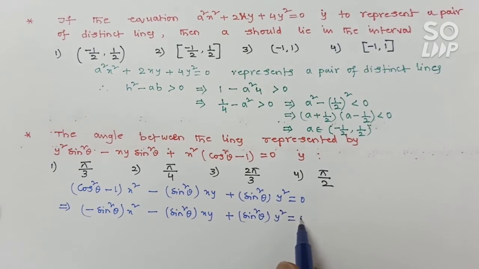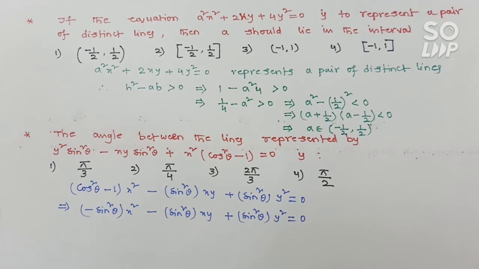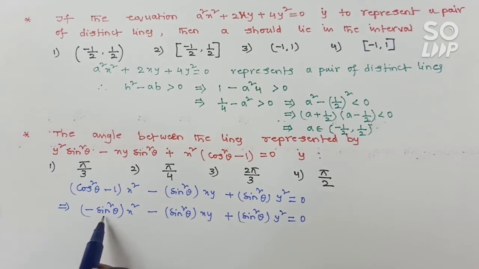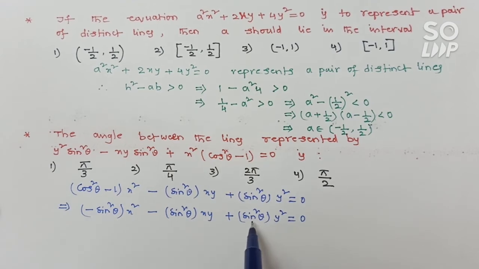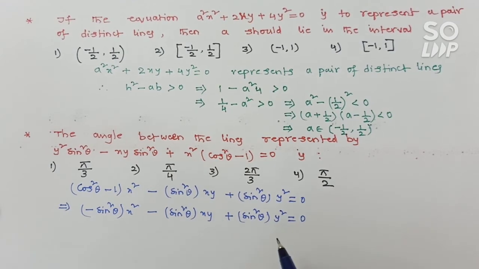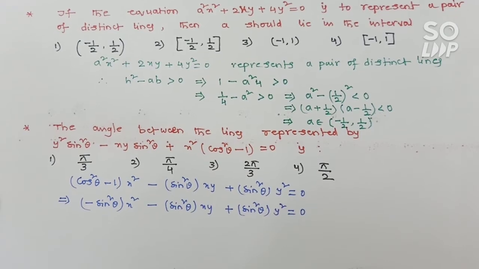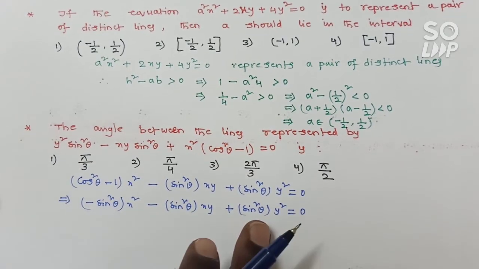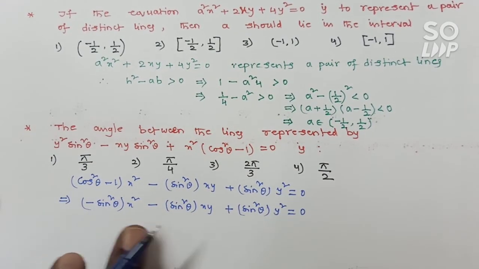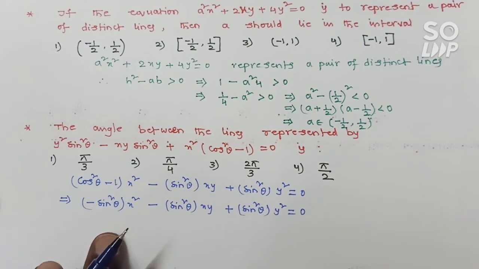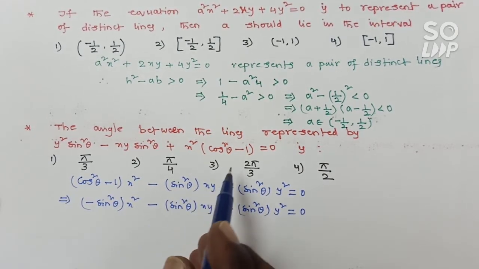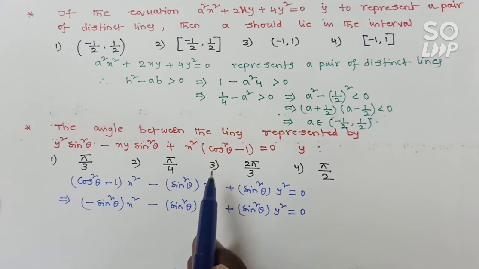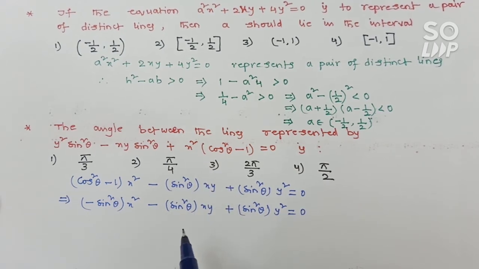Please all of you see that very carefully. The coefficient of x square is minus sin square theta. Coefficient of y square is plus sin square theta. You know that if the sum of the coefficients of x square and y square is 0, then the angle between the lines represented by the given equation will be 90 degrees.